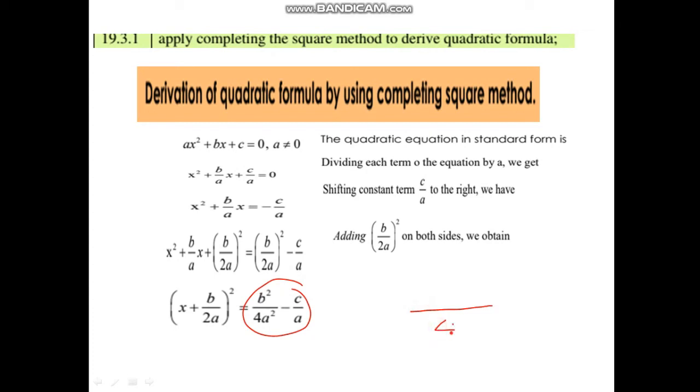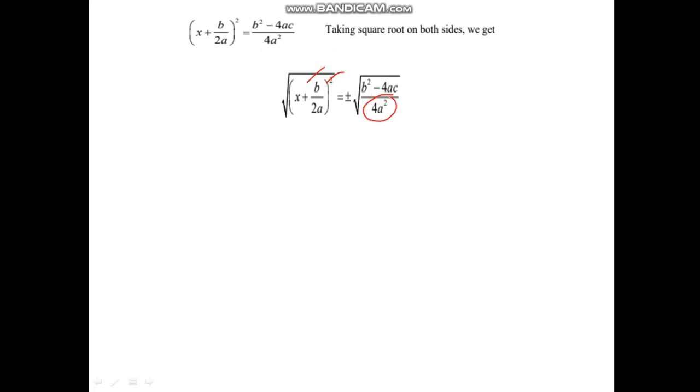That will be 4a square, b square minus, a will be cancelled with this, just 4a will be there, 4a into c.